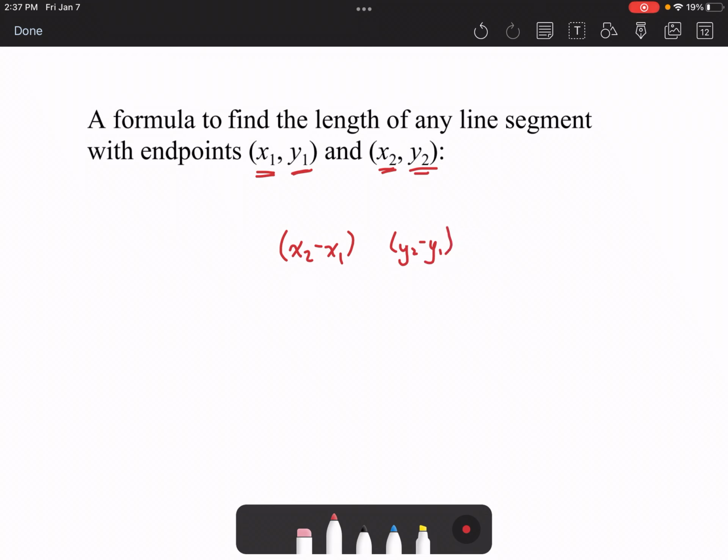Because we're applying the Pythagorean theorem, I have to square these two values, add them, and at some point work out the square root.